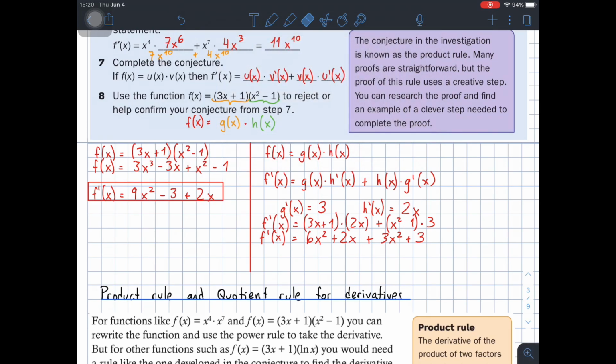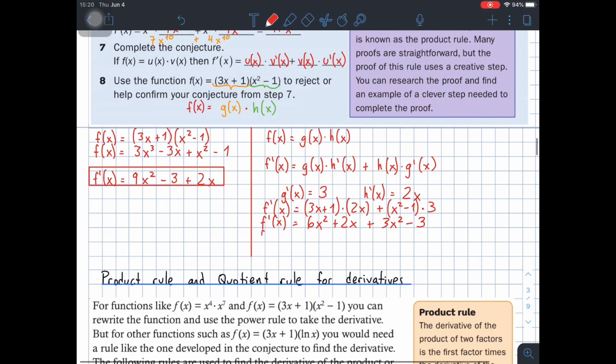This is x squared minus 1. Okay, so this becomes negative 3 here. There. Okay, so f prime of x, if I organize terms, will be equal to 6 plus 3. I can add this, and this would be 9x squared, then plus 2x minus 3.